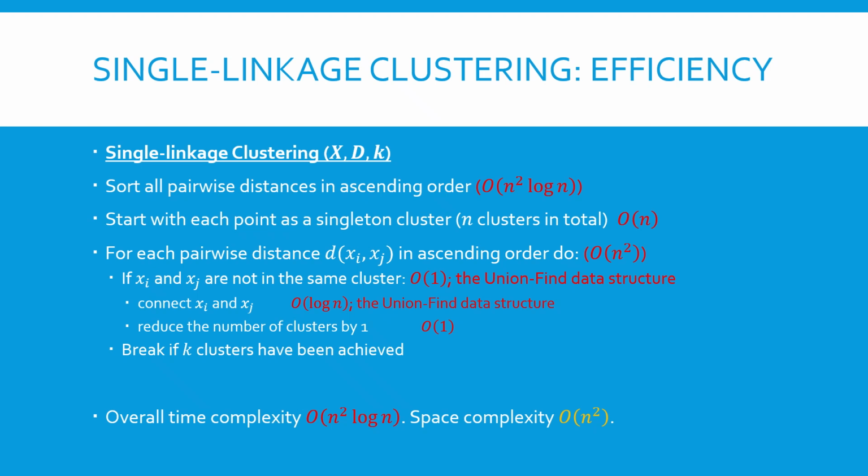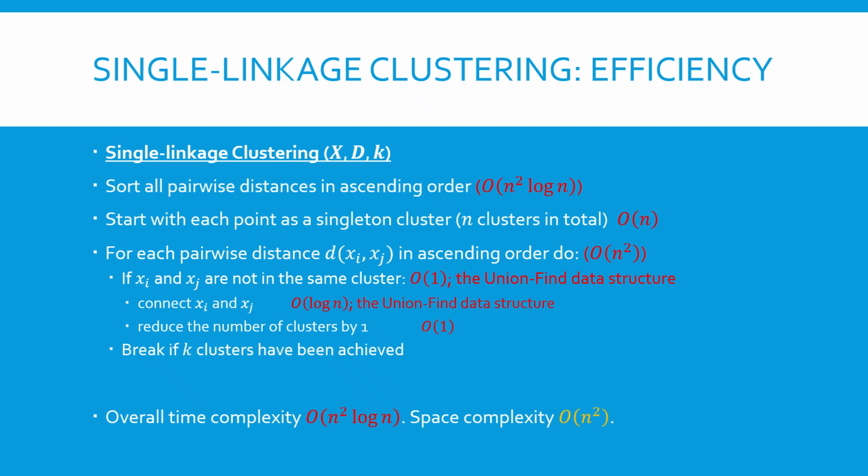Now, we analyze the time complexity of the single-linkage clustering algorithm. Let n be the number of objects. In step 1, sorting the distances requires O(n squared log n) time, because there are n squared distances. In step 2, initializing each object as its own cluster takes O(n) time. Finally, step 3 processes each of the n squared distances in sorted order.